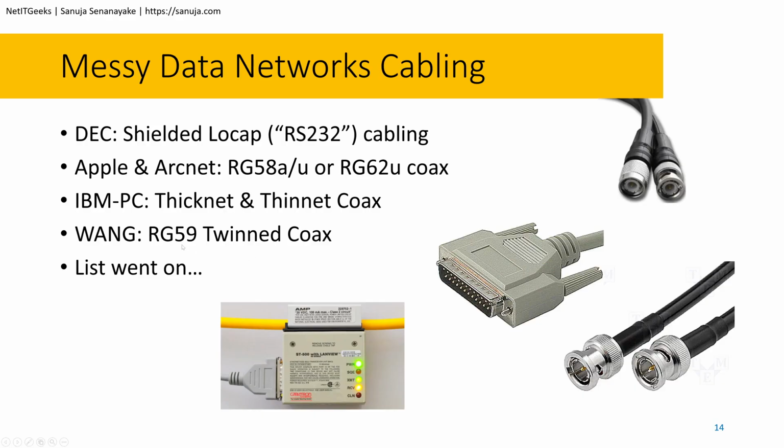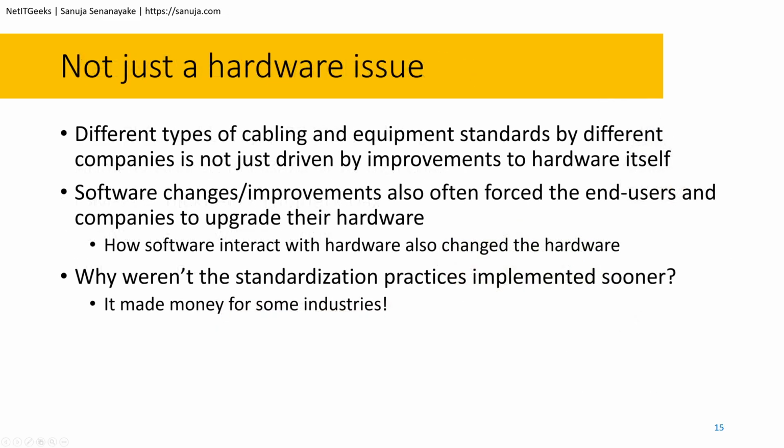WAN cables, those are, I believe, IBM WAN cables. Those are RG59 twin coax, and then we have a whole bunch of other things, and the list goes on. You have probably never seen something like this, but again, there's another way of connecting and splicing cables, and all of those things happen because there is no regulation or standards.